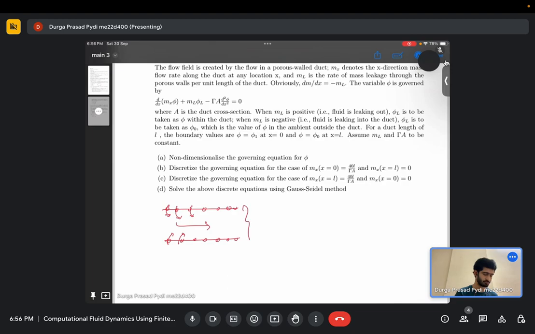In the absence of any pressure, just because of your diffusion and your convective term, you have to solve this equation for two different cases: when the flow is actually coming into the duct through your porous walls, and when the flow is actually leaking outside. So this is one case, and the other one is when you have leaking out.